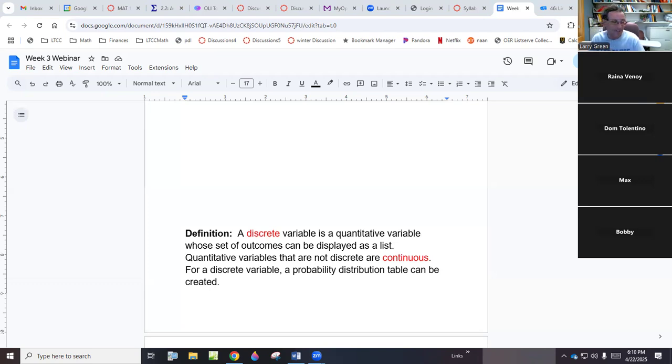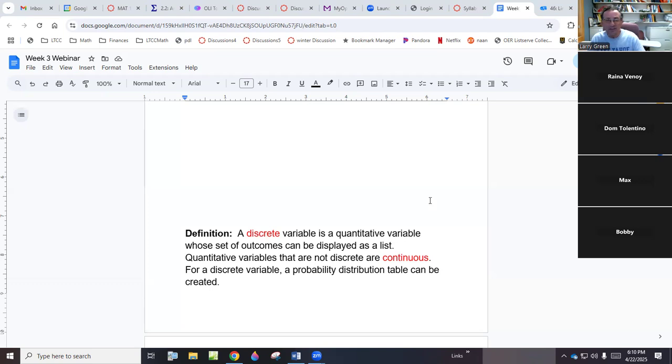If you call a cup that's only half full a cup, then that's okay. On the other hand, if instead of how many cups of coffee, it's how many ounces of coffee do you drink per day, that would be continuous. Does that make sense?